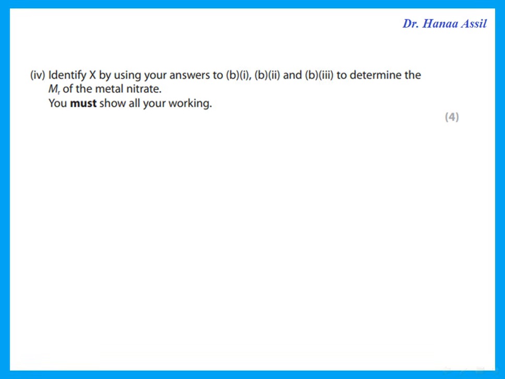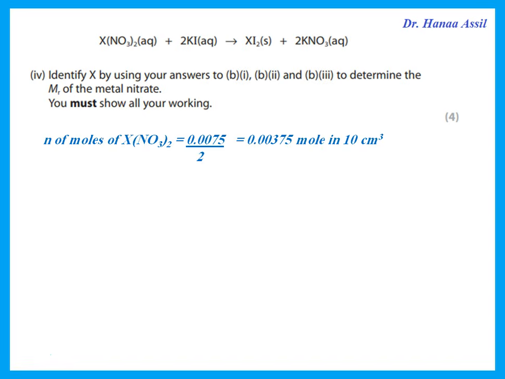Now, he wants me to identify X. What is X? Using all the answers that we just found out. So, looking at the equation, we determine that the number of moles of the X nitrate should be half of what we got for the potassium iodide. The equation says 1 mole of nitrate reacts with 2 moles of potassium iodide.